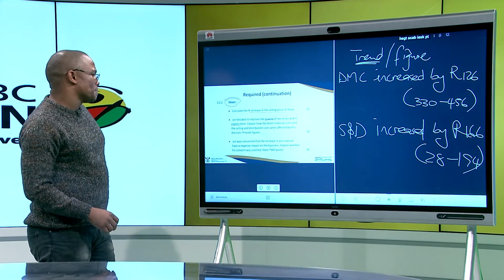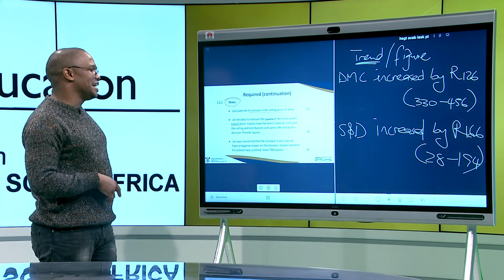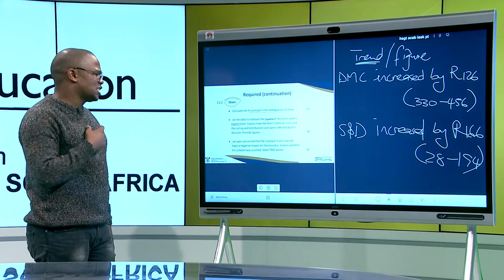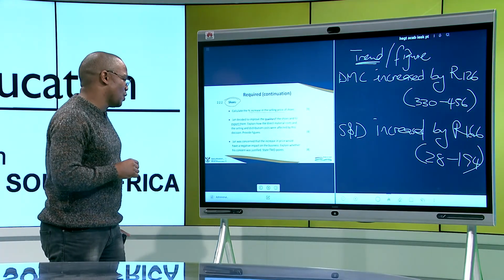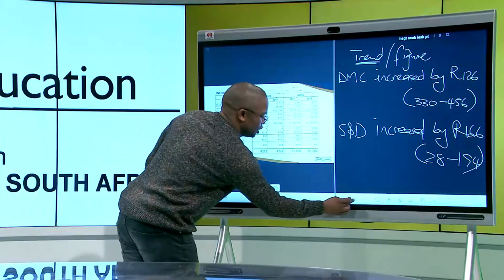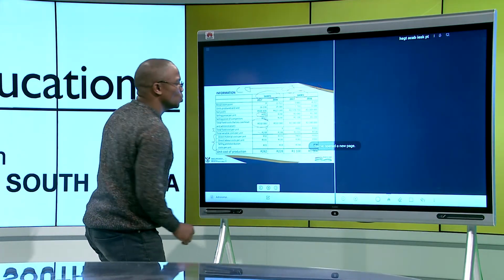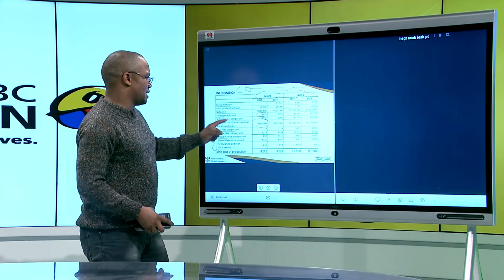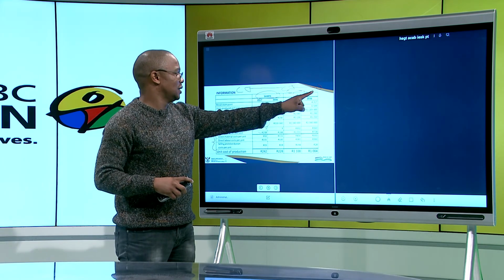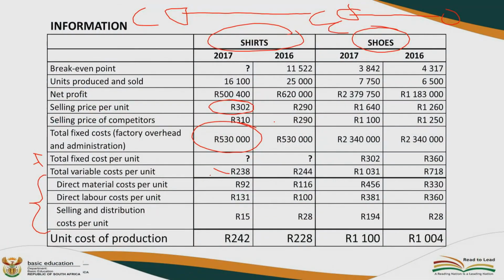Then let's check the next question, probably the last. They say, Jan was concerned that the increase in price will have a negative impact on the business. Explain whether his concern was justified. State 2 points. Let's check the information. The net profit, let's check number 1. Love arrow, very important. Opening, closing. Net profit, it was 1,183,000. It is now 2,379,750. So what will you say?